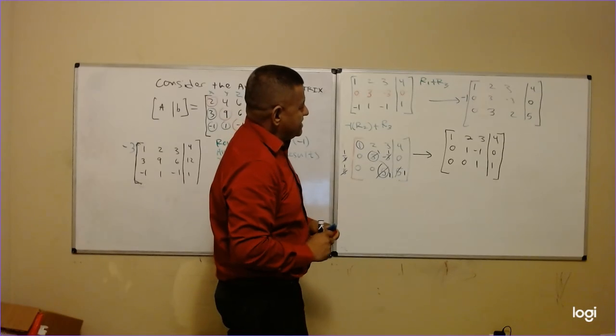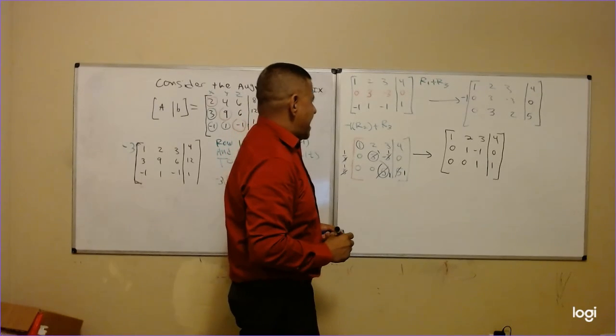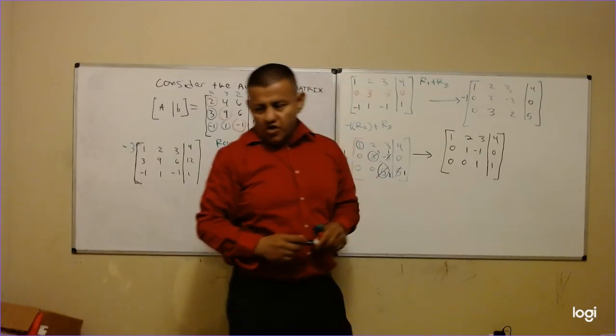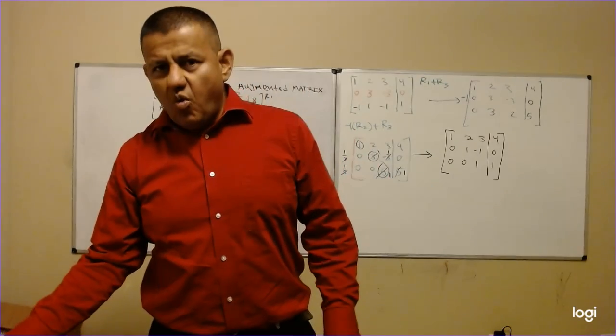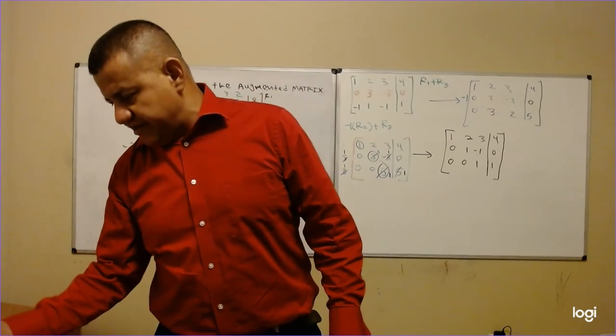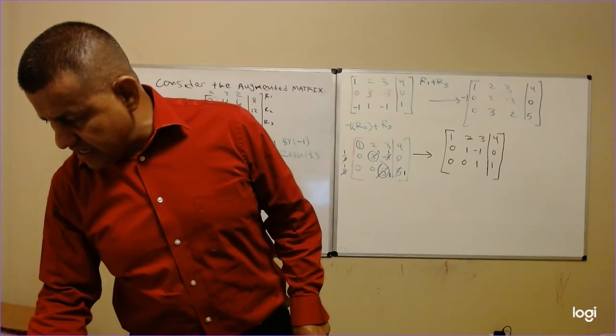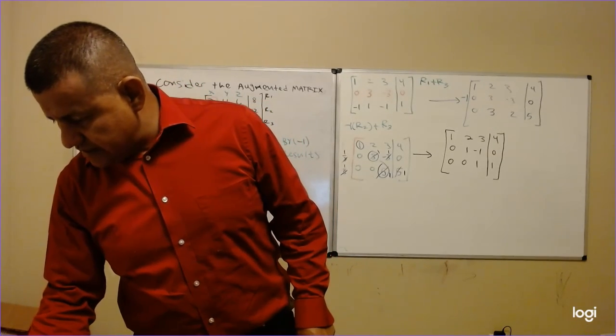Now this form is called echelon form. Why is it called row echelon? Let me make sure that I spell that correctly.